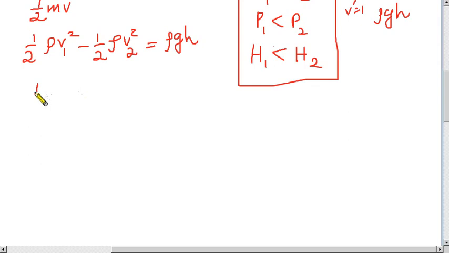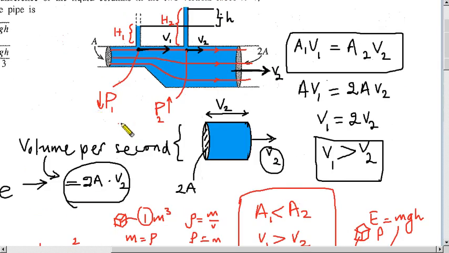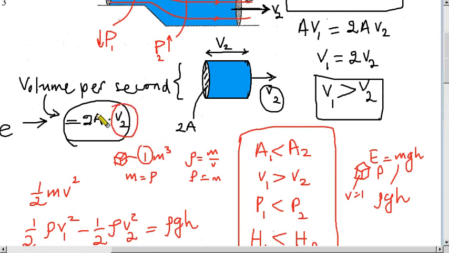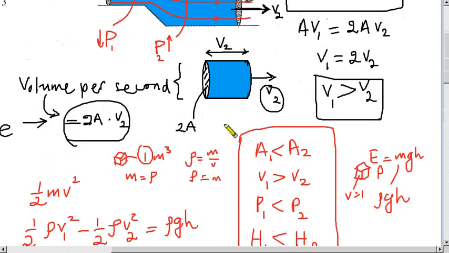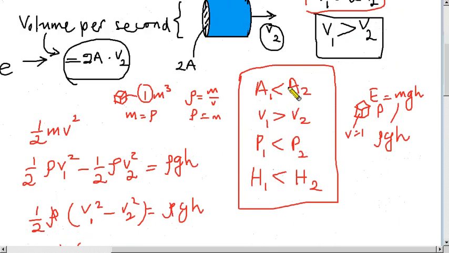So we can take half and rho as common: half rho times (v1 squared minus v2 squared) equals rho gh. We have to simplify this. What we are actually going to do is find this v2, that is the goal. Rho cancels, both sides have rho. So instead of v1 squared we can substitute what we have found already, the equation above: v1 equals 2 times v2.